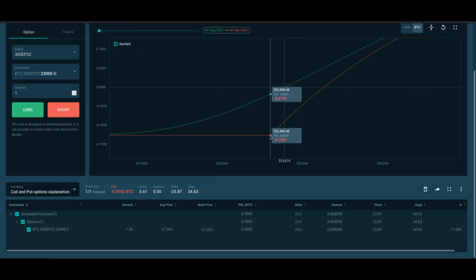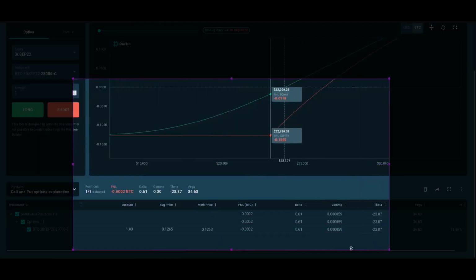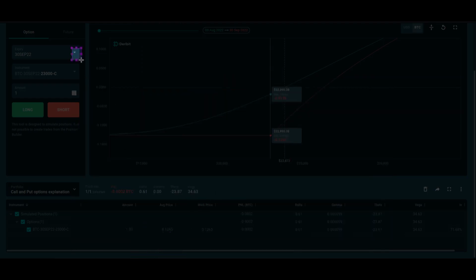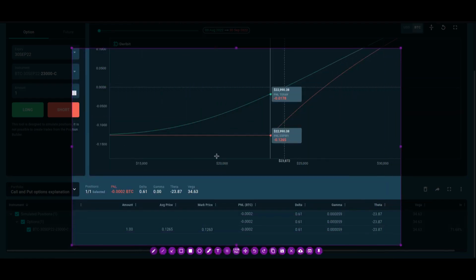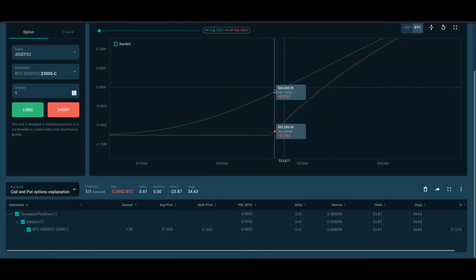So let's take a look, and we can see it is absolutely the same amount here and here. Today's PNL we can track on the green line.